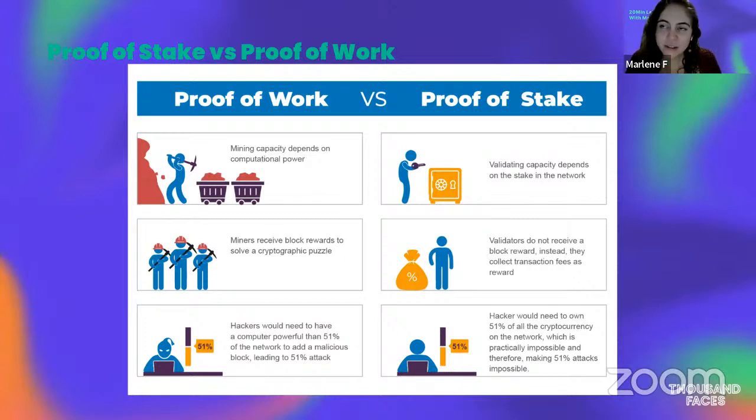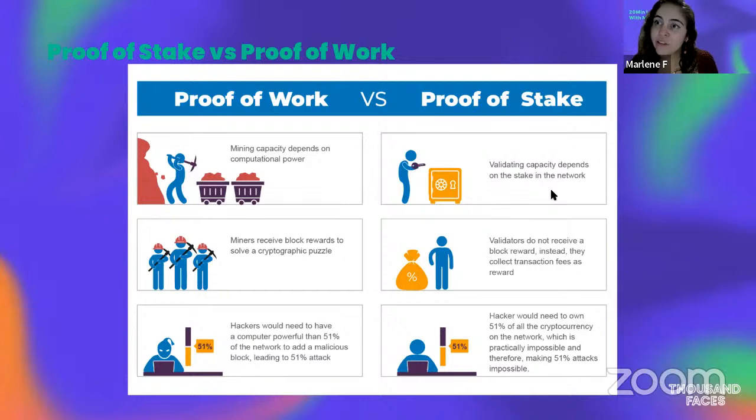And the reason why this is important is because, as we've heard, there's a big concern about the energy and electricity use of the crypto world. So this is important to consider, that for mining, it really depends on the amount of energy and computational power that is used. However, in proof of stake, the users who are validating depend on the stake in the network.